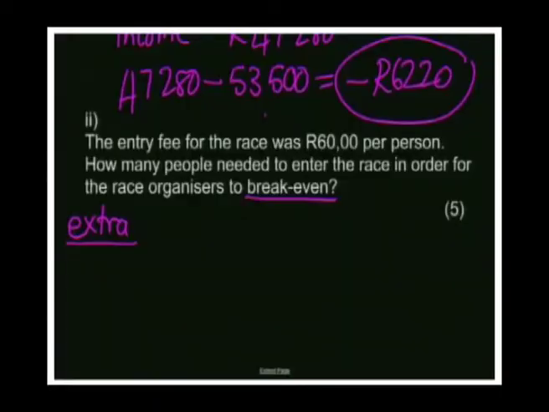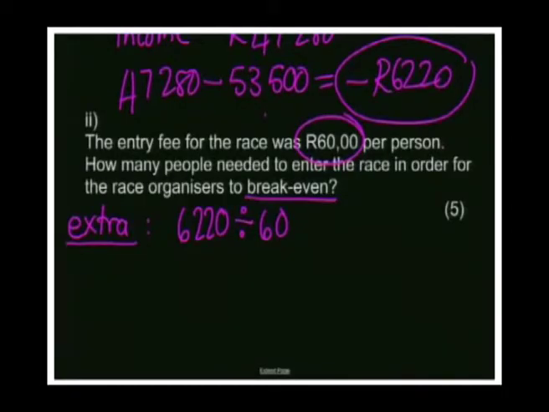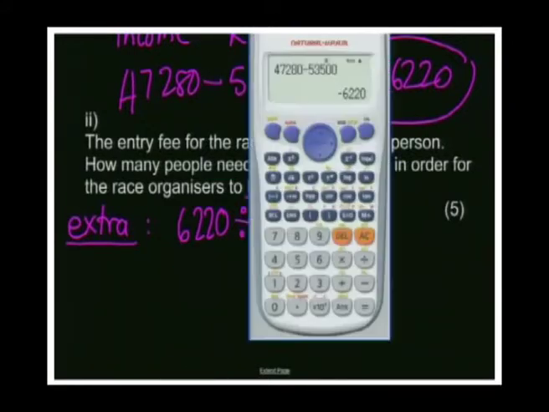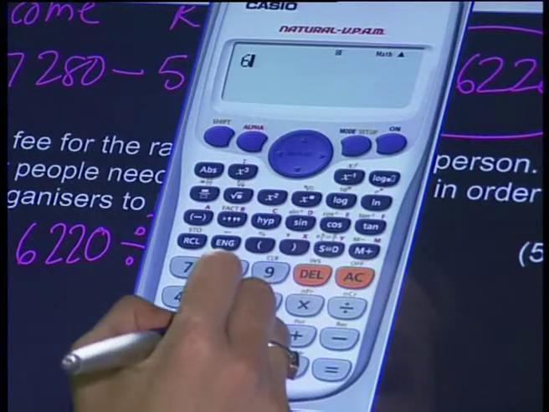So the extra entries that they need will be an amount of 6,220 divided by 60. Why are we dividing by 60? Well, each person had to pay in 60 Rand. So if we need 6,220, we divide it by 60 to see how many extra entries we should have had.